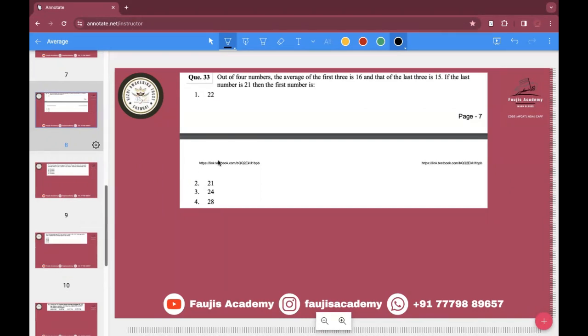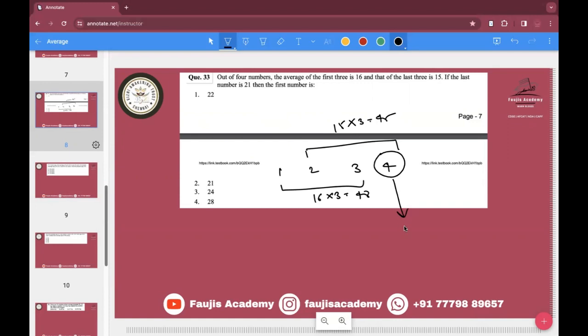The same thing. Okay. 4 numbers are there. 1, 2, 3, 4. The average of the first 3 is 16. That means total is how much? 48. The average of last 3 is 15. That means how much? 45. The last number itself is 21.